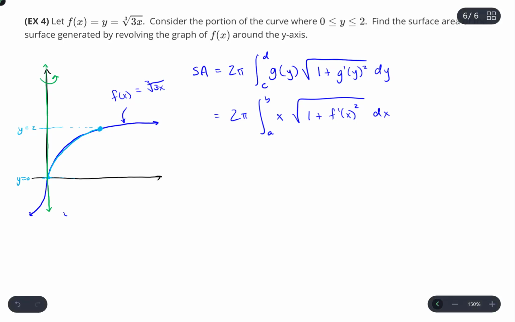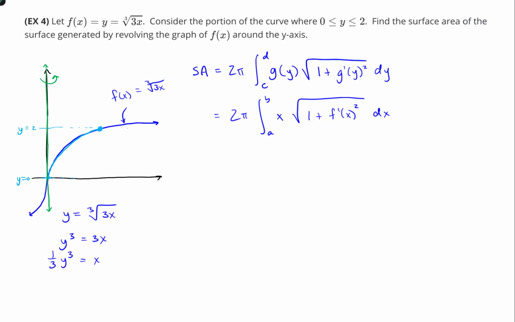Now, we know that f of x is interchangeable with the variable y, but I want you to see what this g of y function is. So if I were to solve this in terms of the variable, get x by itself, and write in terms of y, this would be y cubed equals 3x, or x equals 1/3 y cubed.